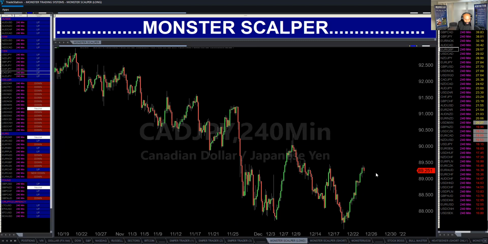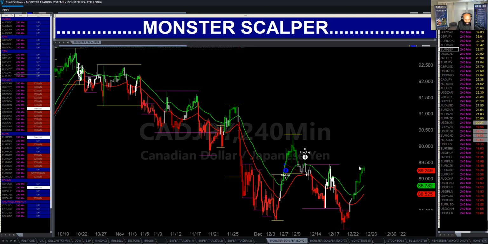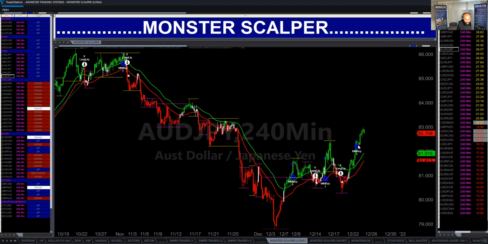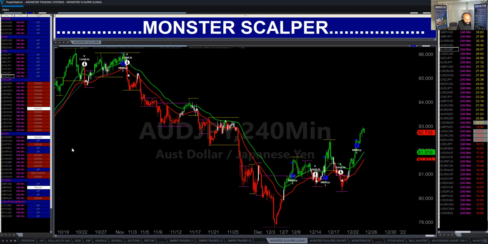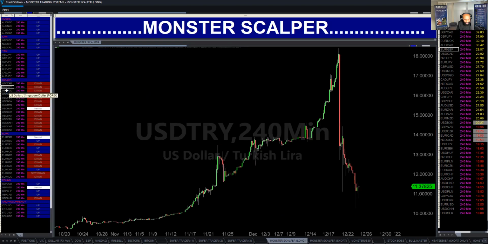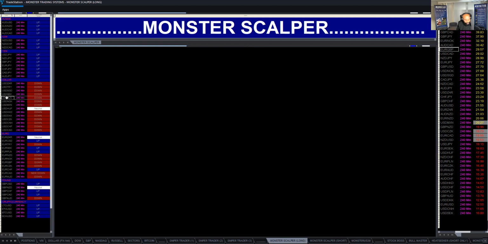I love it when the yen pairs move. So still waiting here for a buy signal on CAD yen. And then Aussie yen got a buy signal right here on this break of resistance, and that's pretty good resistance. So the yen pairs, guys, we should be out of the dollar pairs.